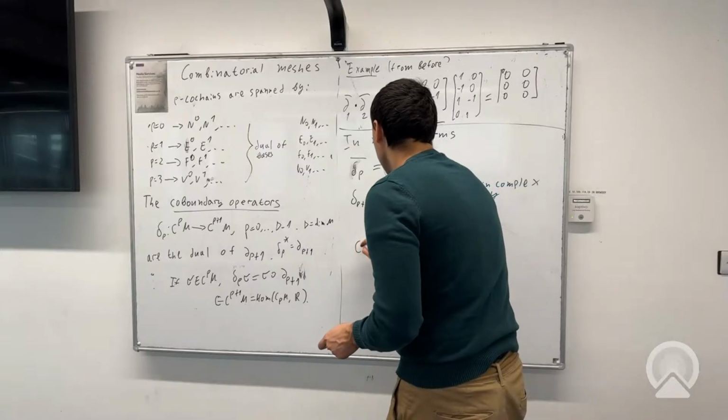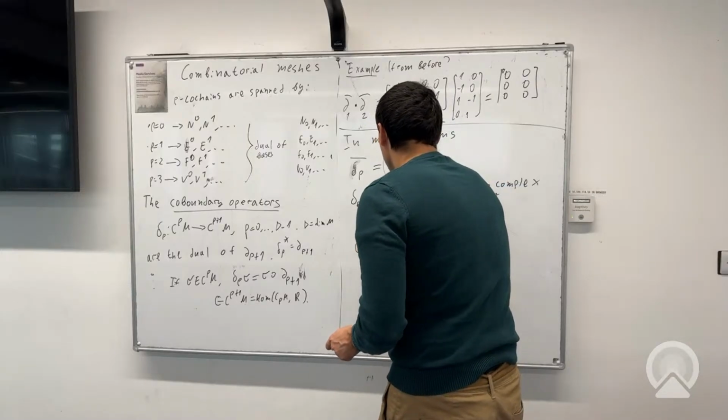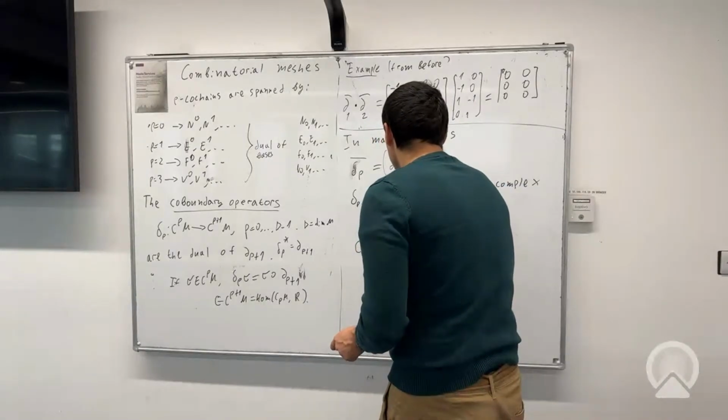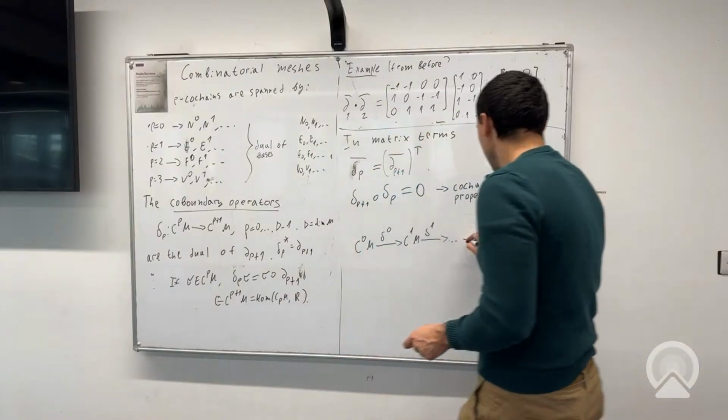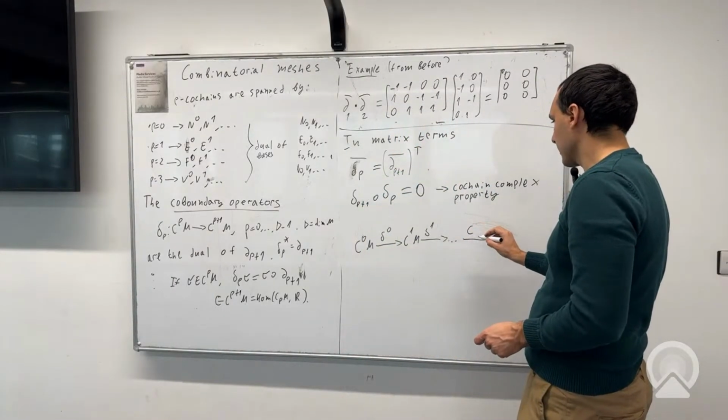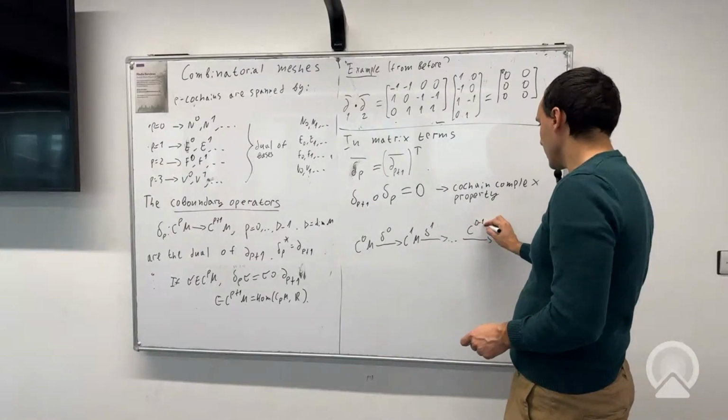So we have C^0(M), delta_0, C^1(M), delta_1, to C^{d-1}(M).